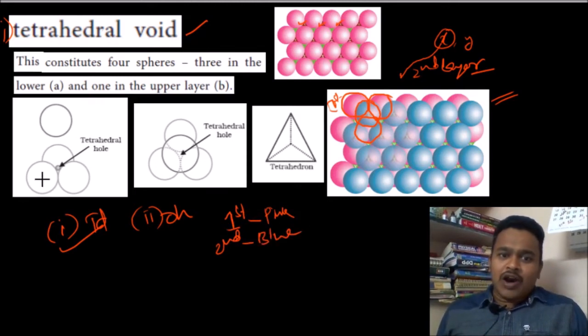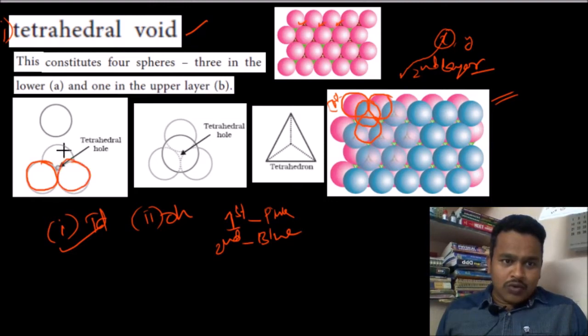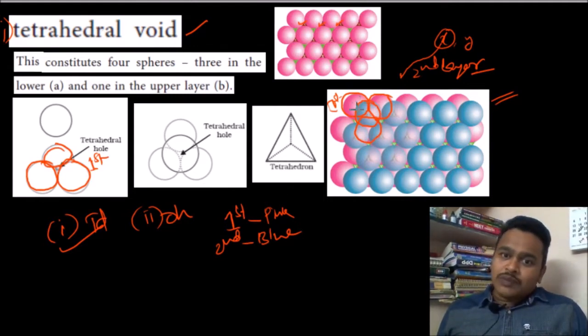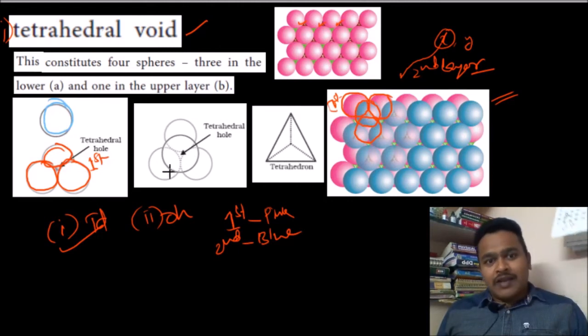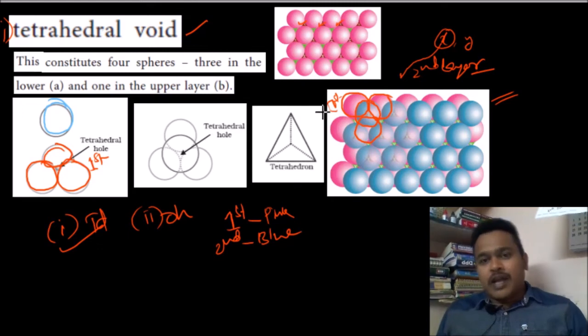See, three pink spheres. Observe here, 1 2 3. Which layer is it in? First layer. Then one sphere from the second layer, that is the blue sphere. See, they combinedly give this type of void. The gap is formed. You have to assume it three dimensionally.